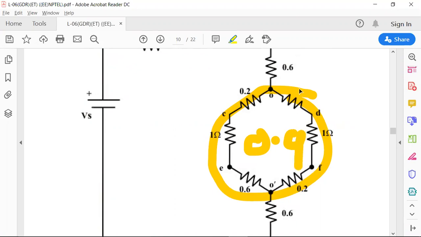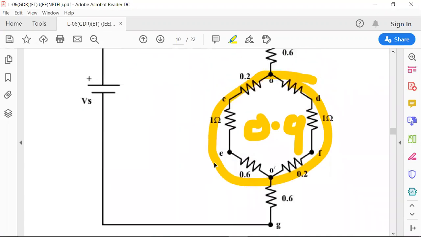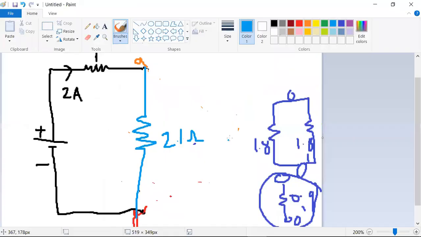Some errors may be there in this PDF file. Don't follow those errors, please try to rectify them. So the answer will be 2.1 ohms between A and G.